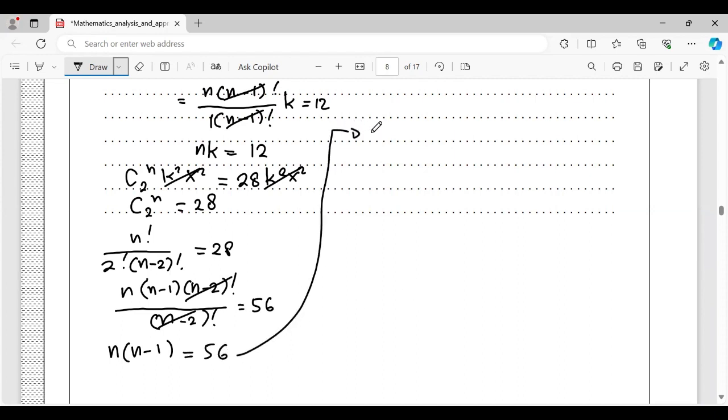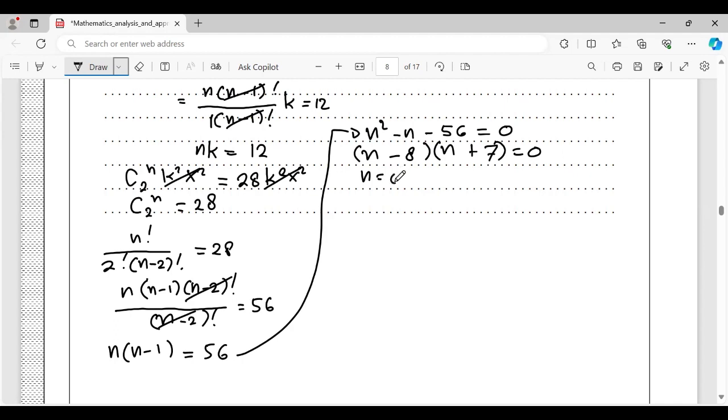I'm going to move it here. So multiplying, it becomes n squared minus n minus 56 equals 0. Factorize: n minus 8 times n plus 7.